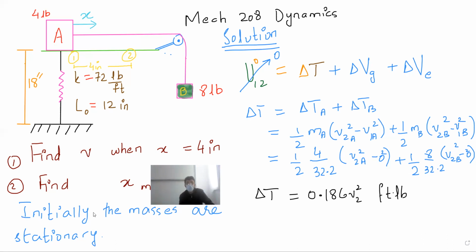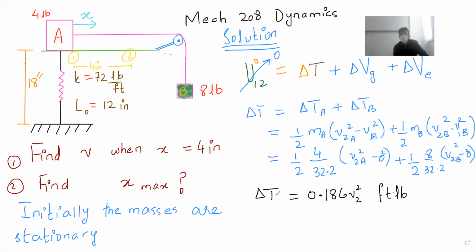Now all you have to do is the last bit, that is delta Vg. So for the mass A, how many students agree that there is no change in the height? So I will write MAg delta H. How many students agree? And plus, now this is the part where many of you get confused, because I still remember few students asked me whether the value of g will be positive or negative.